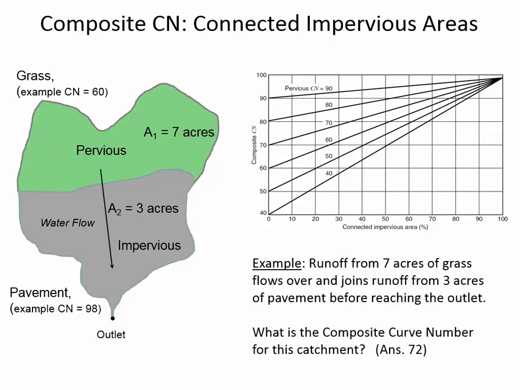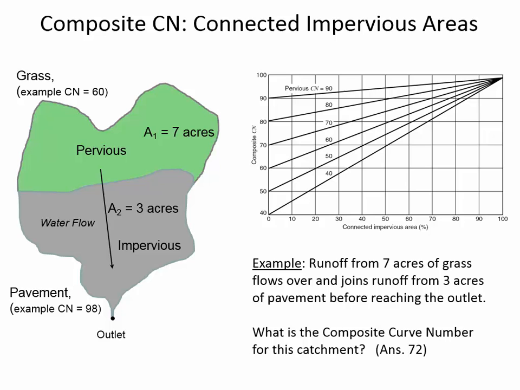So we want to find the intercept between the 30 and the 60. So what I mean is follow this 30 upwards to intercept the curve number of the pervious area. And here it says that grass, the rest of the watershed is grass at 60. So go up, intersect with the 60, and then go to the left, and that says the composite curve number is 72.